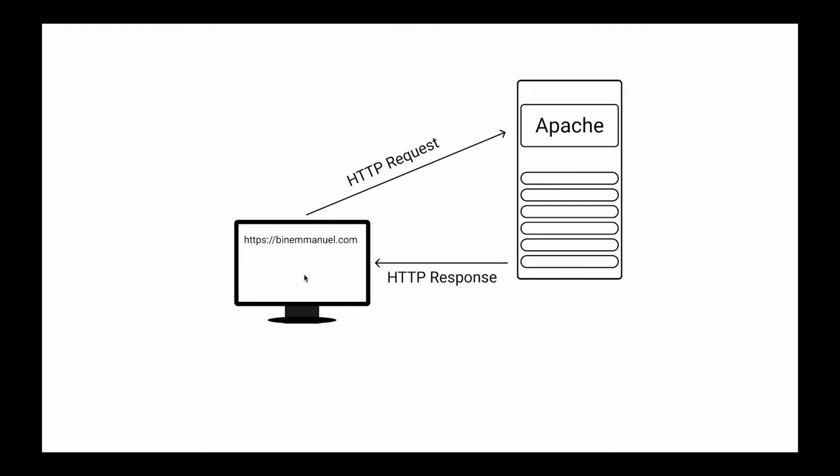Now, what's actually this request? Whenever you're sending a request to the server, you're actually requesting for a file. Probably we don't know what that file might be, but it might be the index file. That's actually what we call the index file, and that's actually what contains the home page.